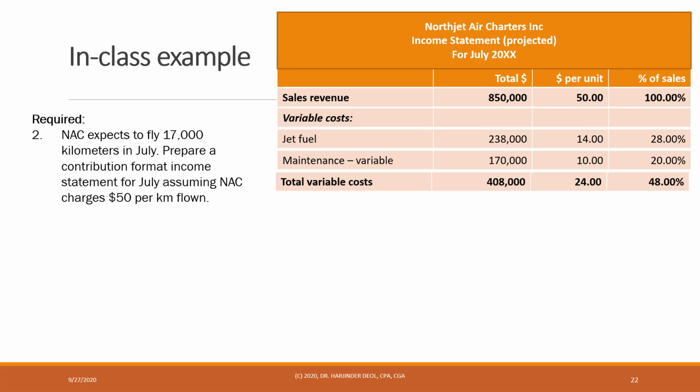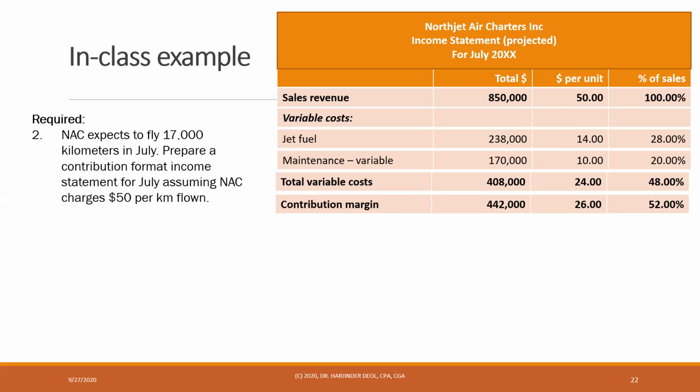So our total variable cost on a per unit level is $24, which is 48% of the total sales, and our total dollar value is $408,000. That deducted out of your sales revenue of $850,000 gives you your contribution margin of $442,000 on total level, $26 on per unit level, and percent of sales is 52%.